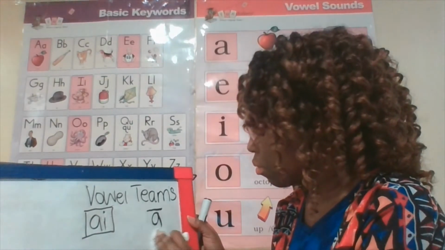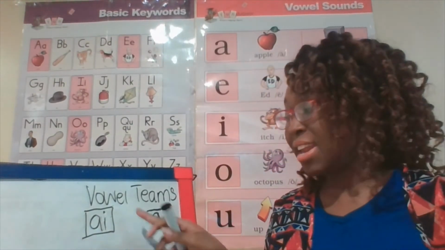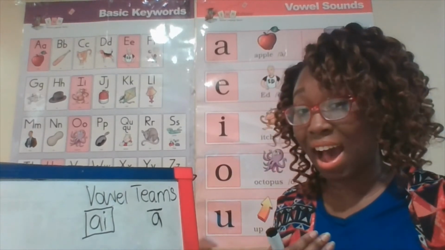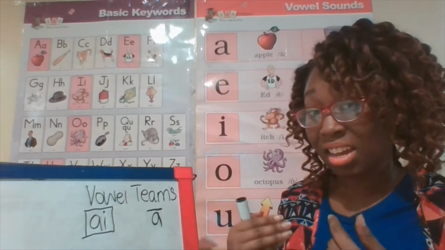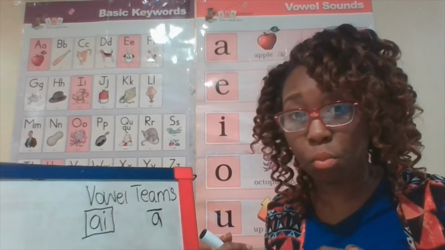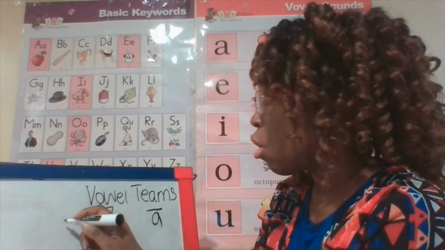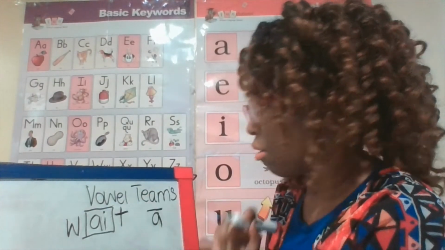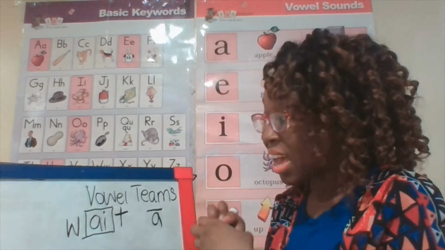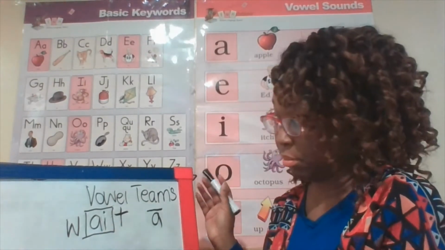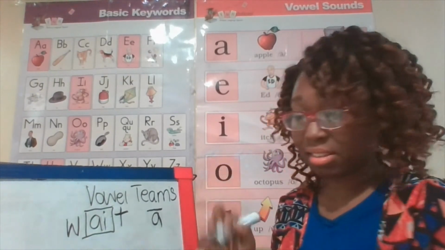So now we know A and I makes long A. Can you think of a word that has an A and an I together? Yes, I was thinking of the same word. Were you thinking of weight? Excellent. Weight has a W in front and a T right there. Weight actually has an A and an I. That's the vowel team. So weight.